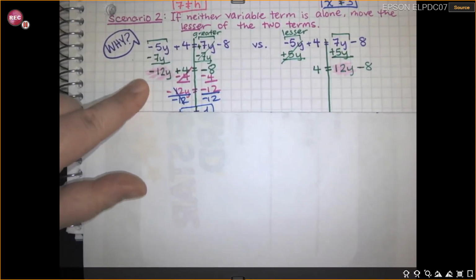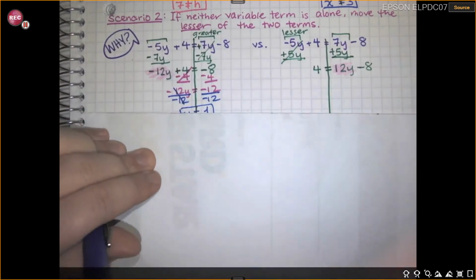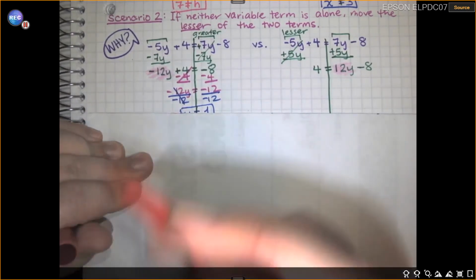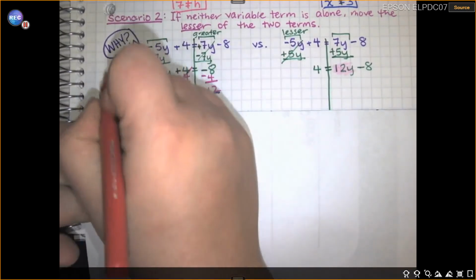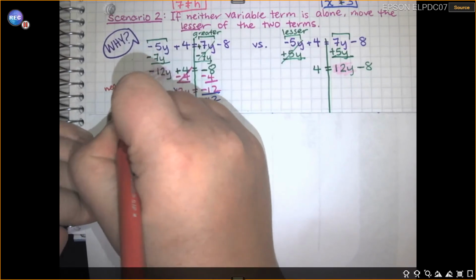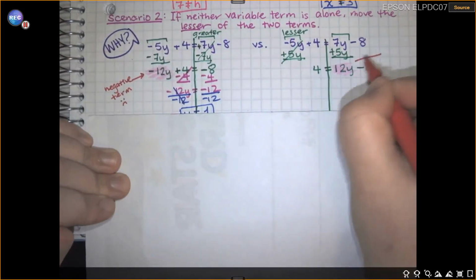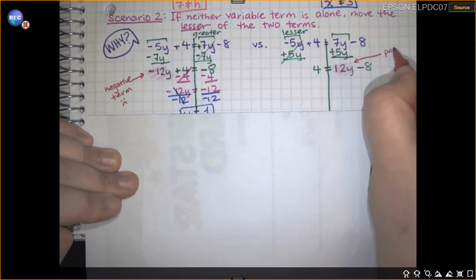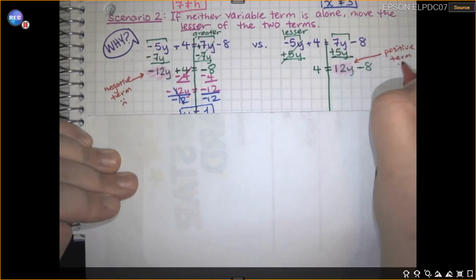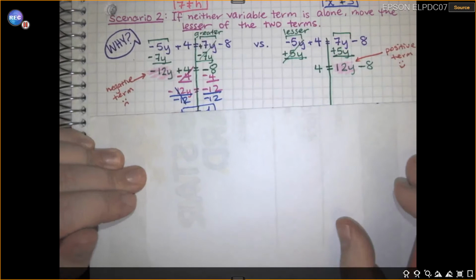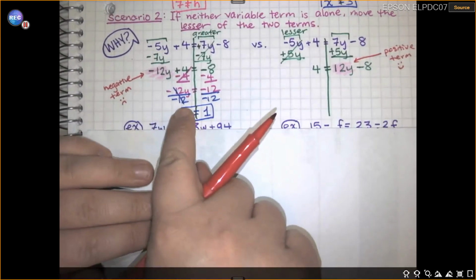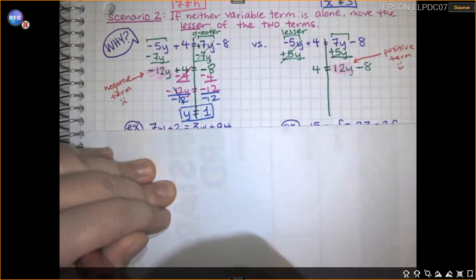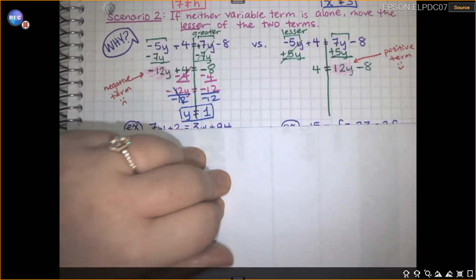Here you have a negative term. Wow. Here you have a positive term. Yay. Which means when I go to divide, see here I had to divide by negative 12, you're going to see that I get to divide by a positive 12.